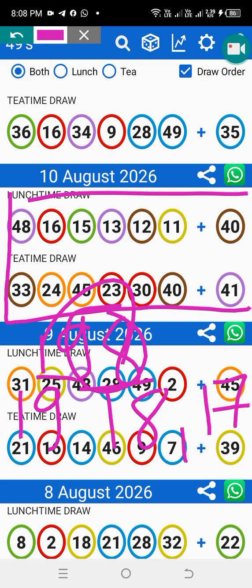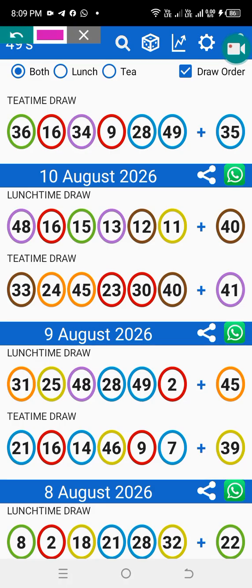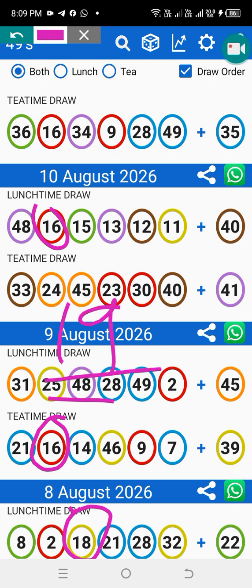You have 3 numbers. If you check on the next draw, we are only focusing on the main UK49. If we check 18, 17, 18, 19, 18 is sitting here, 16, 16, 19, right? The missing number is only 17 and 19.